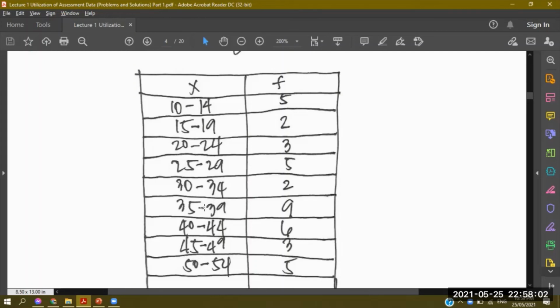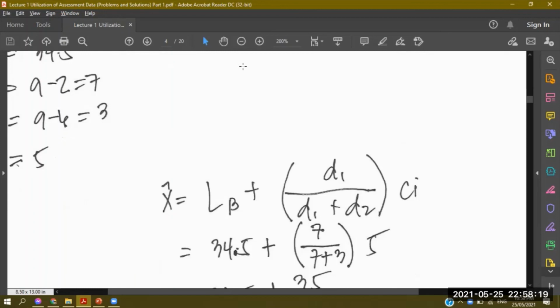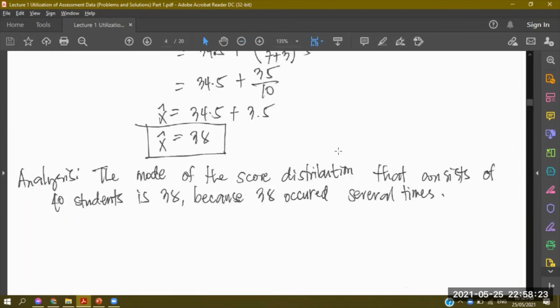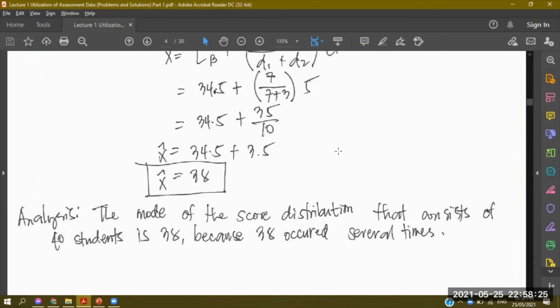So sa loob pala ng 35 to 39, kung isusulat talaga natin yan sa data, yung raw na data, mas marami pa daw yung 38 na value compared to 35, compared to 36, compared to 37, and compared to 39. Okay. So I hope you get it, no? So that is how we interpret our mode.